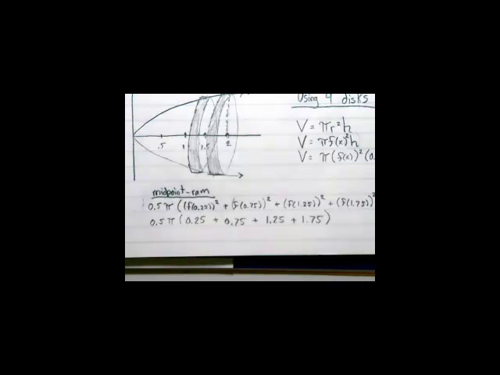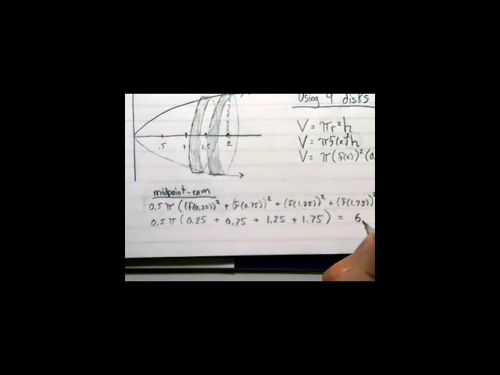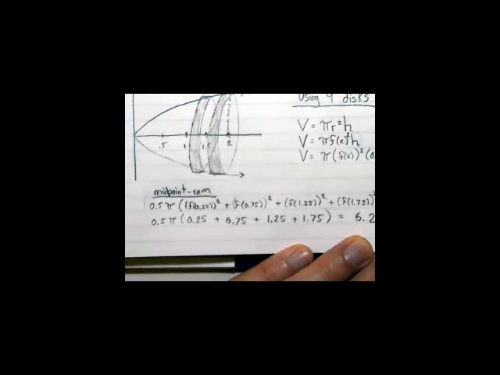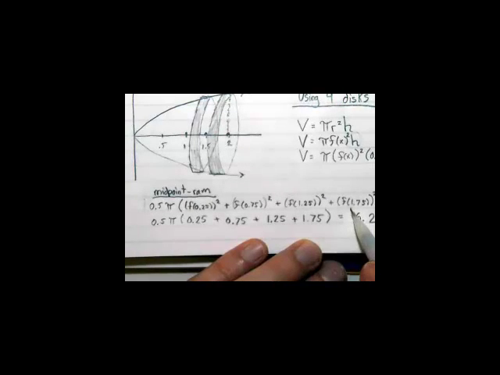So 0.5 times 0.25 plus 0.75 plus 1.25 plus 1.75. So we get a volume of about 6.283, and I didn't tell you units, so that should be units cubed on that one.